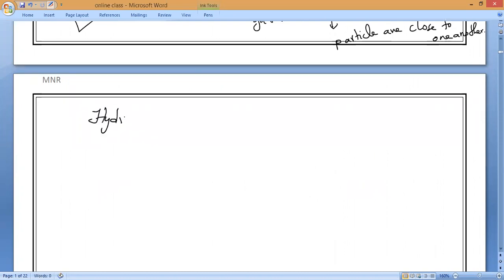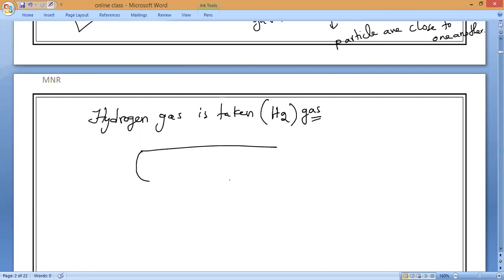Can you tell me the formula of hydrogen gas? We studied it in Chapter 3. H2. Hydrogen gas is H2. Now, if I take it in a discharge tube, how will it happen?